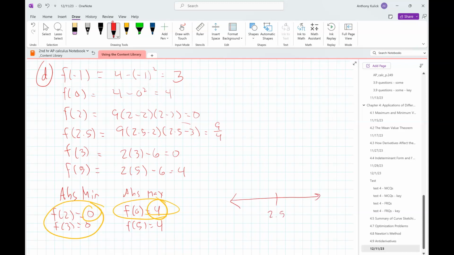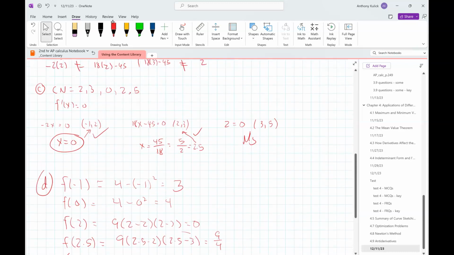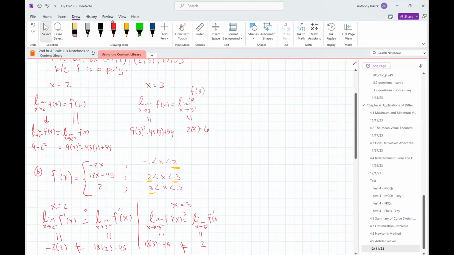So I'll just do a first derivative test to do that, seems reasonable. You could do, actually, let's do a second derivative test because it's so stinking simple, right? What's the second derivative here? 18. Is that positive? Yeah. So it was a local minimum at 2.5.